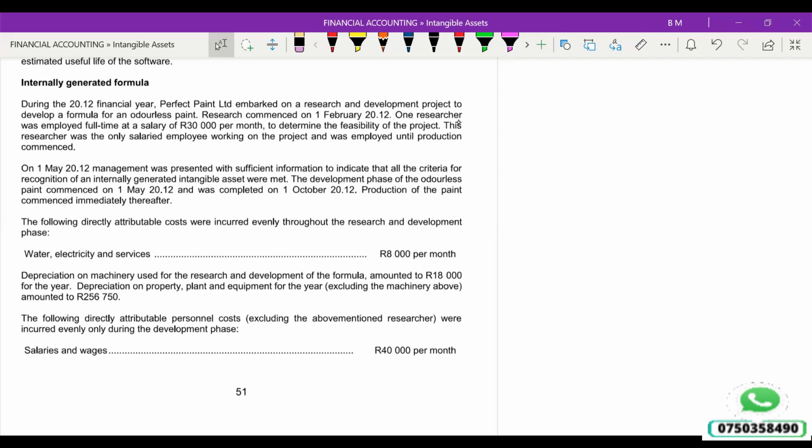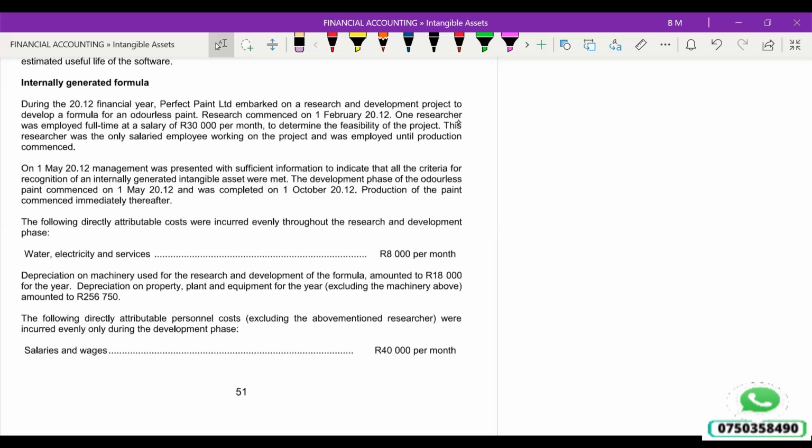One researcher was employed full-time at a salary of 30,000 per month to determine the feasibility of the project.